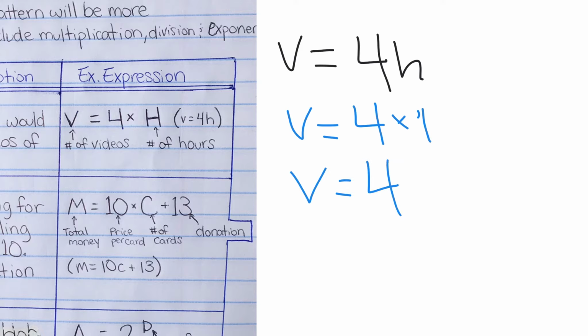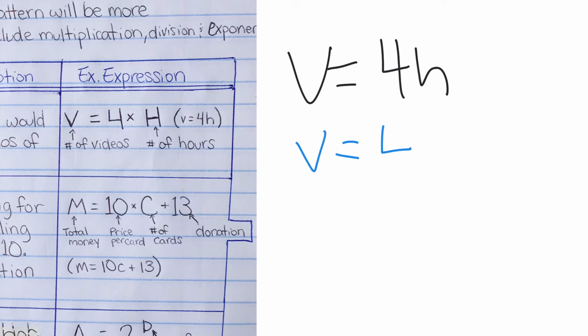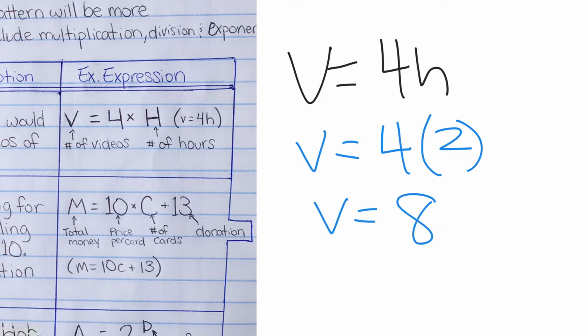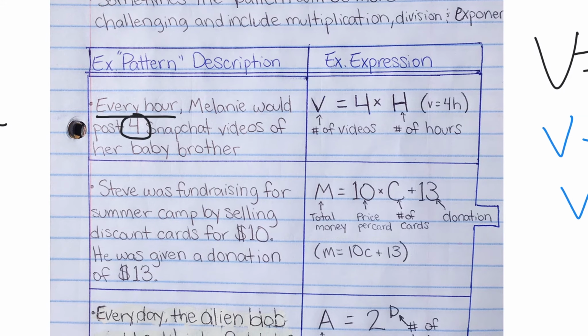If she posted videos for 2 hours, so videos equals 4 times h, that would look like the number of videos she posted in 2 hours will be 4 times 2, so she posted 8 videos in that time. 3 would be 12, 4 would be 16, and so on and so on. So come back to our notes. That's how it would work for a multiplication expression.